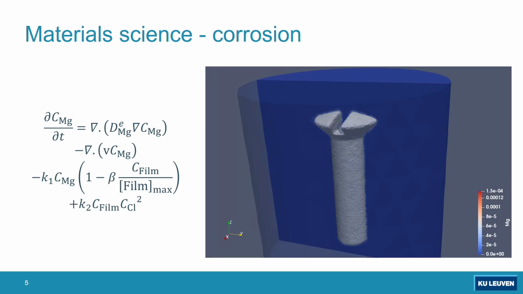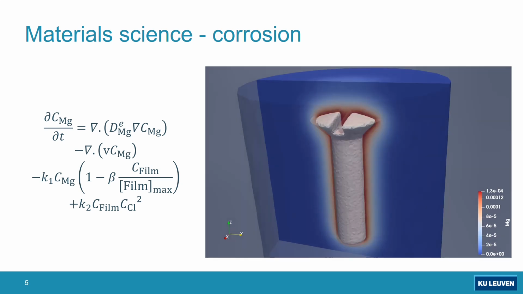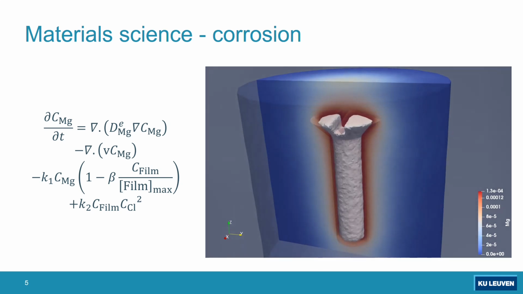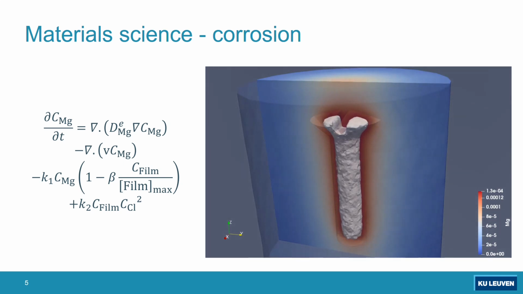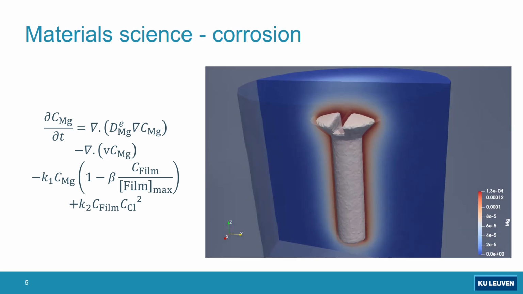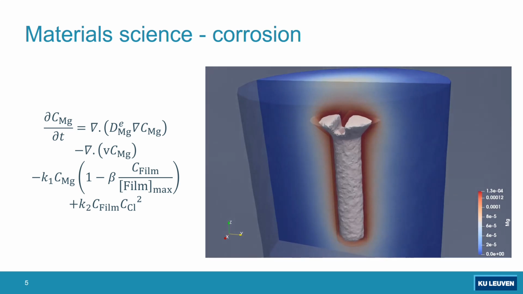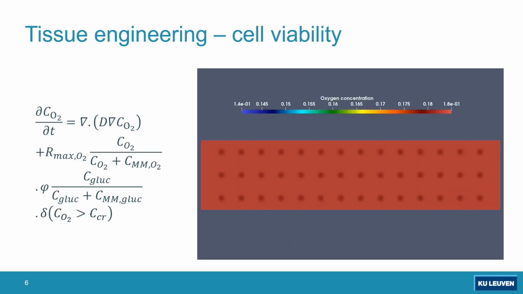This is something that I've shown you several times. That is the corrosion process. Colors here demonstrate the release of material, the concentration of mass, in this case magnesium ions, and the equation that describes this phenomenon is on the left. When we solve it with finite element, we can get these results over time. This is another example, for cell viability.